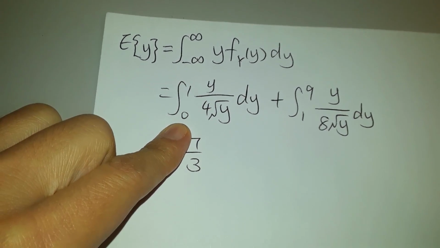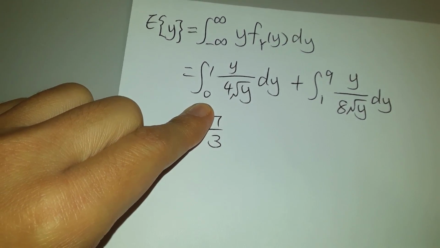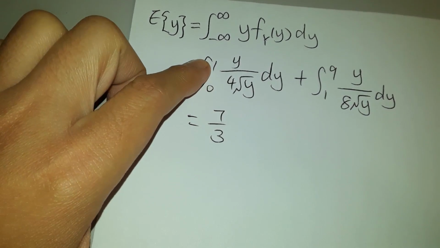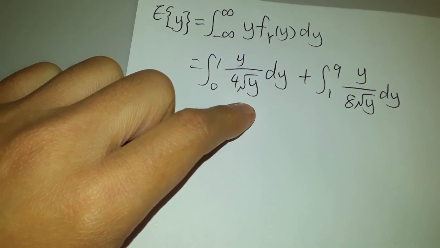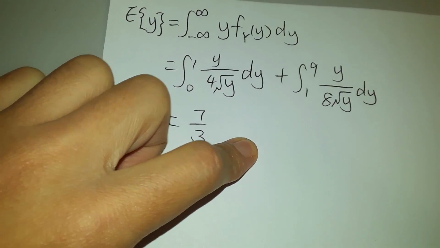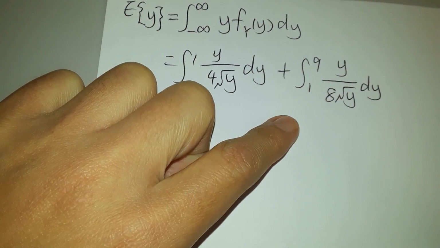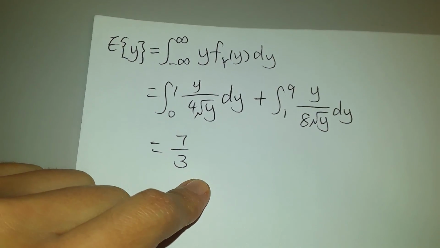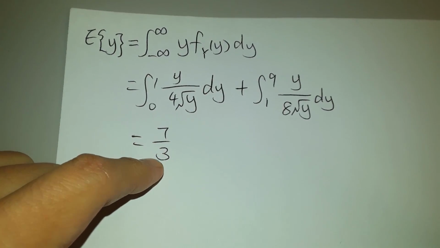Now we can divide this formula into two parts. One is the integral from 0 to 1 of y over (4 times square root of y) dy, plus the integral from 1 to 9 of y divided by (8 times square root of y) dy. And the final answer of this question is 7/3.